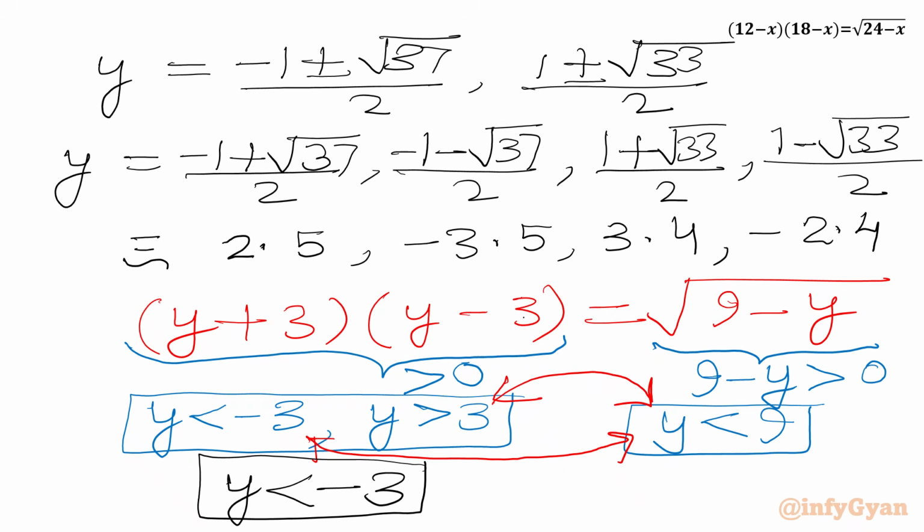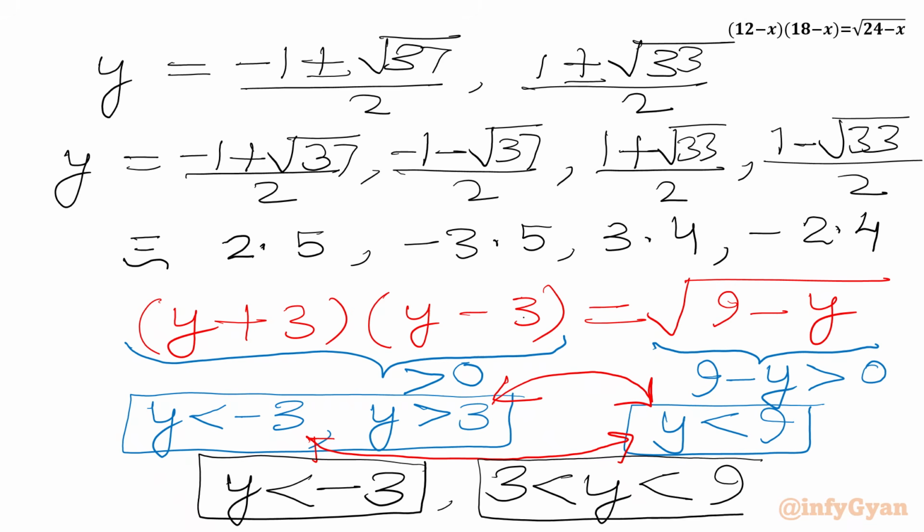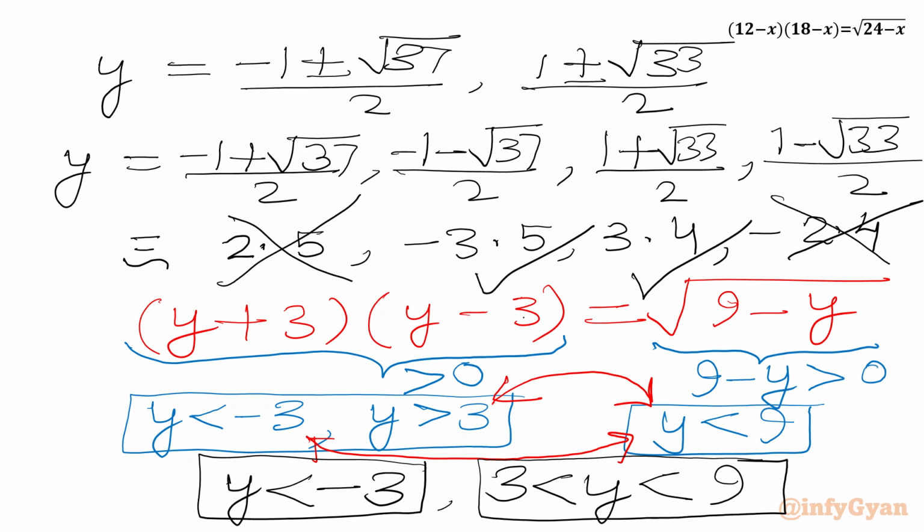And from the second intersection, we will get y should be in the interval 3 and 9. Now these two conditions should satisfy our solutions. So on this ground, I can cancel the first solution, it is not satisfying, and the fourth solution.